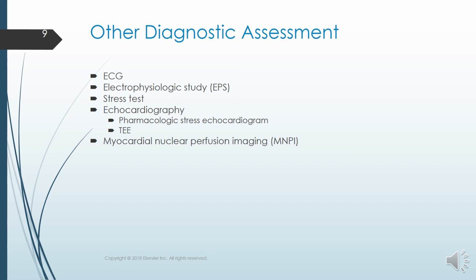They run this little thing into the esophagus so that they can get really detailed pictures of the back of the heart: the left atrium, the mitral valve, and the aortic arch especially. So what you would do for these would be the same kind of stuff you would do for a GI scope, and we'll talk about those over in chapter 52.